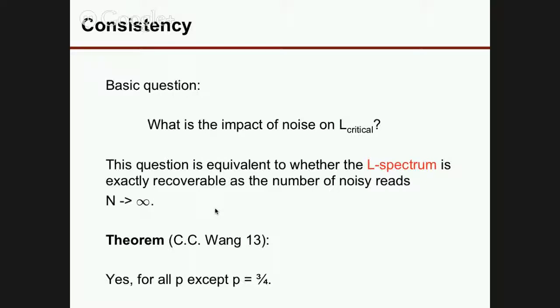But let me give you some hint as to how we approach the problem. All right. Now, what is the L spectrum? Let's think about how to represent the L spectrum.